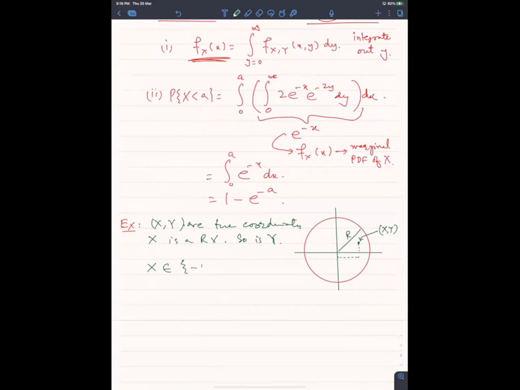I would claim that this is minus r to r. क्योंकि ये दोनों डायरेक्शन में हो सकता है, -r to r. Okay. Similarly, y would be -r to r.